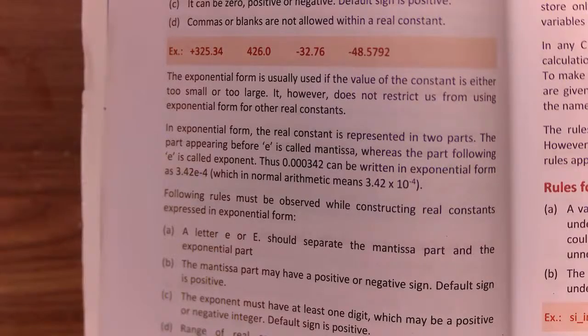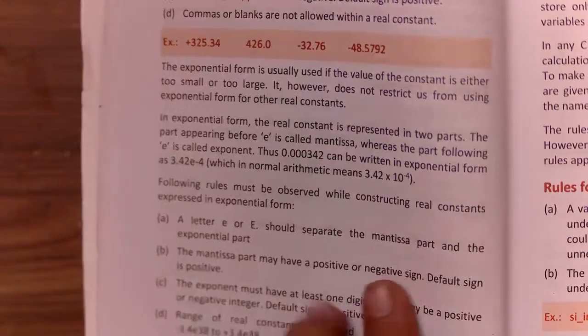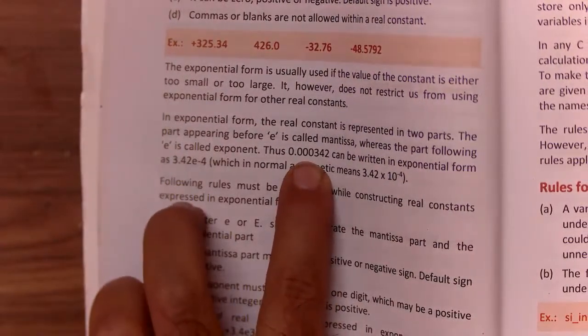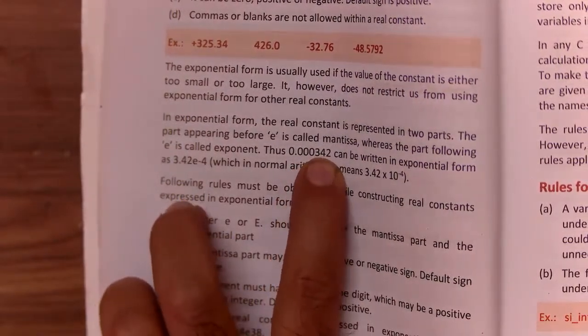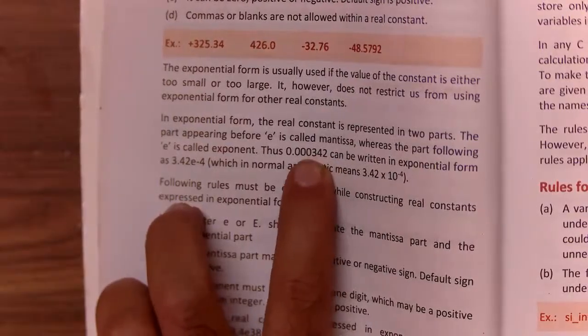Thus, 0.0000342 can be written in the form of 3.42e-4.